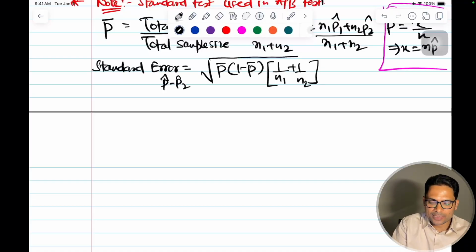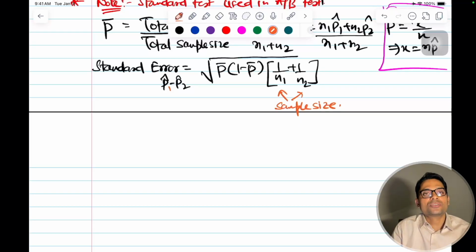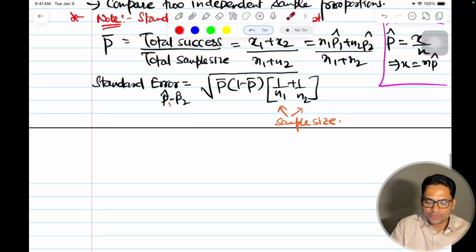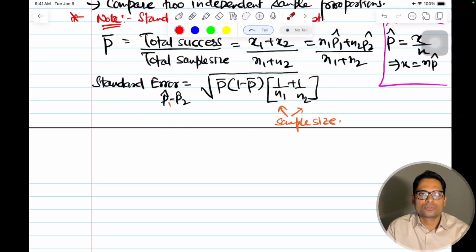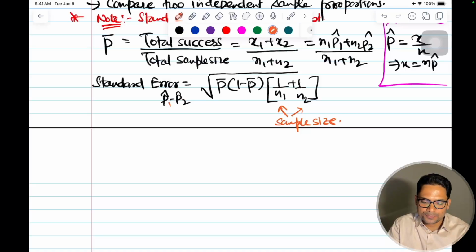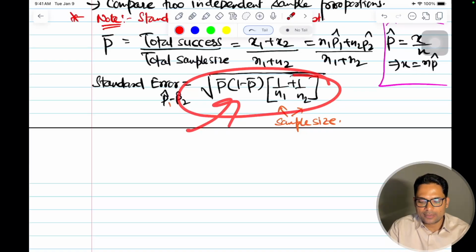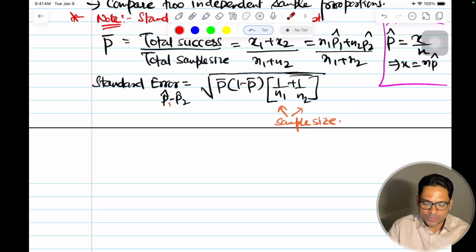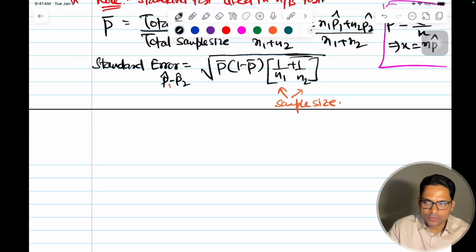So these are the sample sizes of the two samples, and p1, p2 are the proportions of the two, and I take an average. This is the way we take the proportions of both the samples into account and make it into one standard error. Okay, and now simple, we have both the terms sorted.